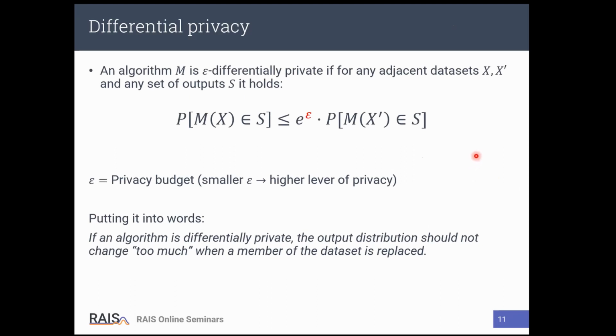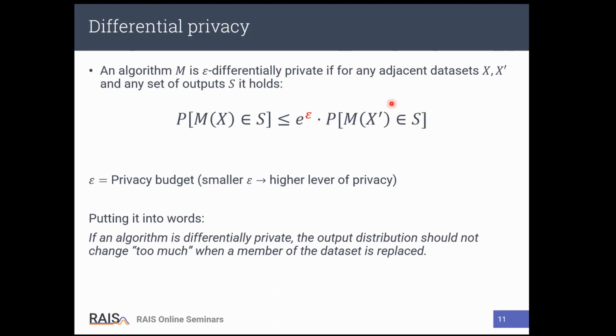And this is where differential privacy comes into play, because differential privacy gives us a guarantee that it doesn't matter if a user is present or not in the database. The result of the query that we execute, of the algorithm that we execute, won't be much different. In order to understand differential privacy, we need to break down its definition a little bit.